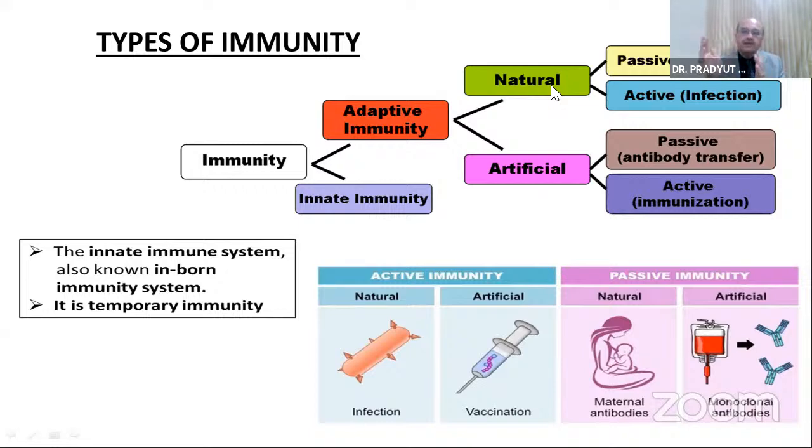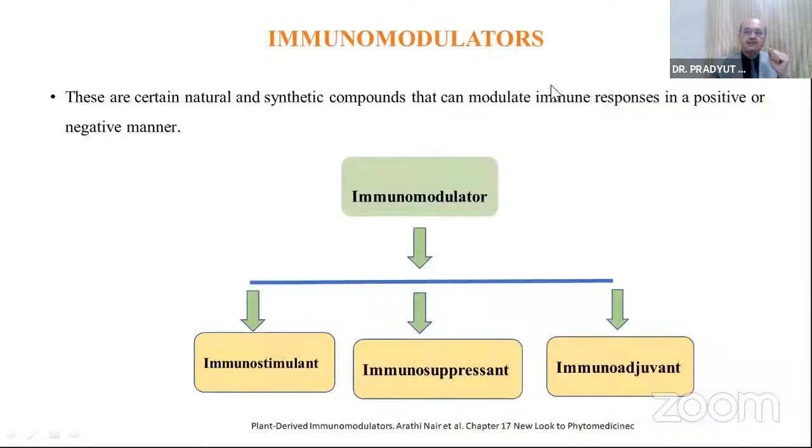Because of that infection, they develop immunity against that particular virus or bacteria. Whereas the artificial adaptive immunity can be obtained passively by transfer of antibodies, a good example being the transfer of monoclonal antibodies, which we have used recently in the COVID pandemic. And the active artificial adaptive immunity can be achieved by the method of immunization, or what we call vaccination. So this is in brief about the different types of immunities and how they are acquired naturally and artificially.